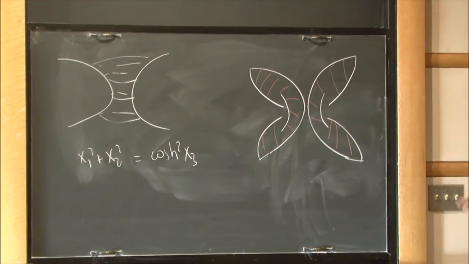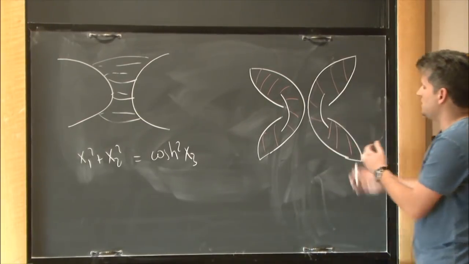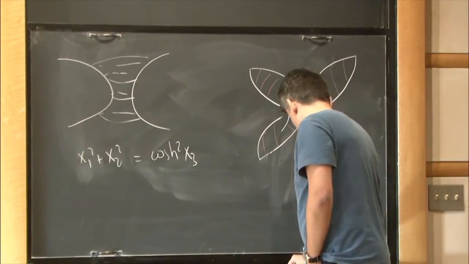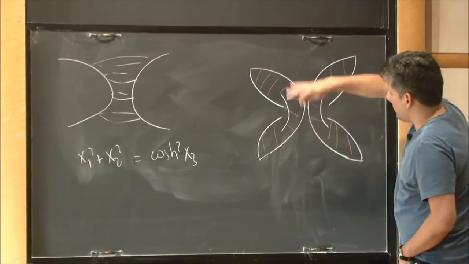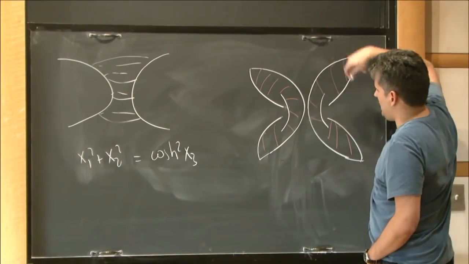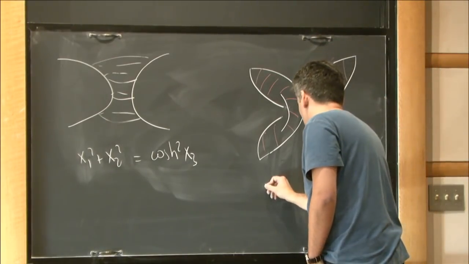But the topology is very simple, so it's simply connected. It's just that the way it goes to infinity is spiraling around itself. So this is immersed.